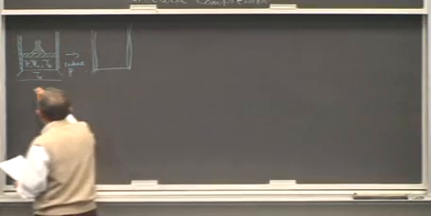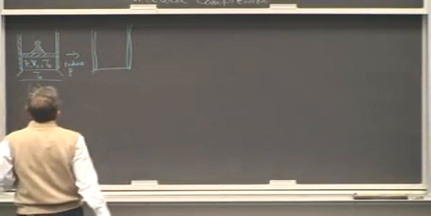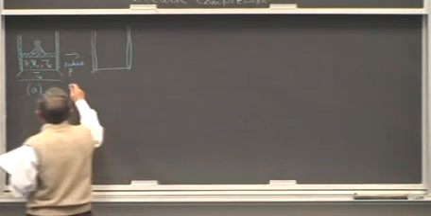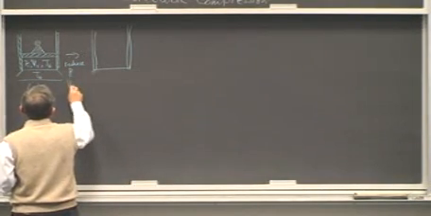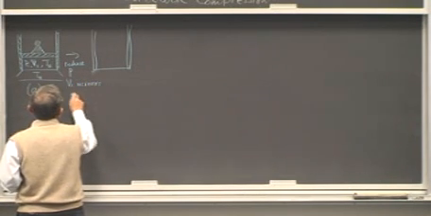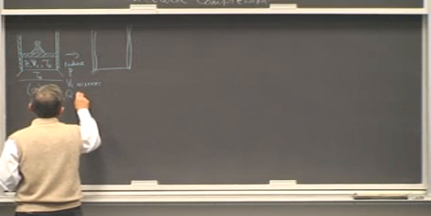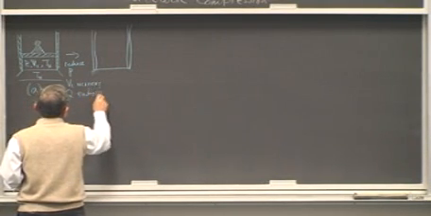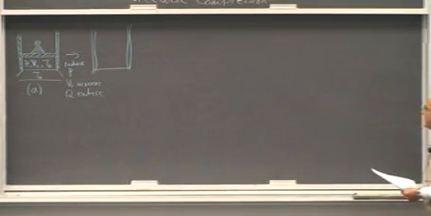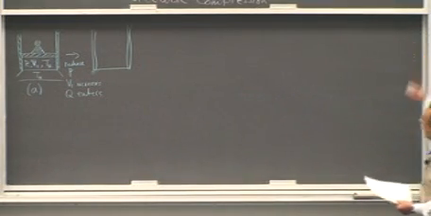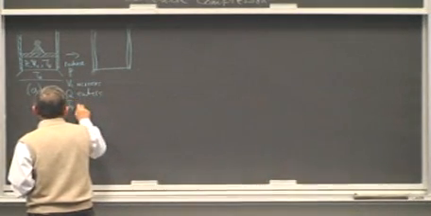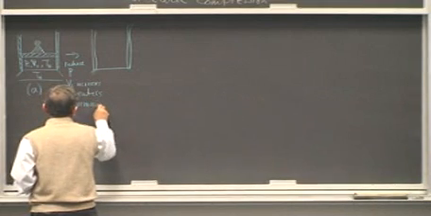So this is point A. And reduce P, V increases, volume increases, heat enters the system because it is connected to the heat bath, and because it is an isothermal process, TH remains TH.